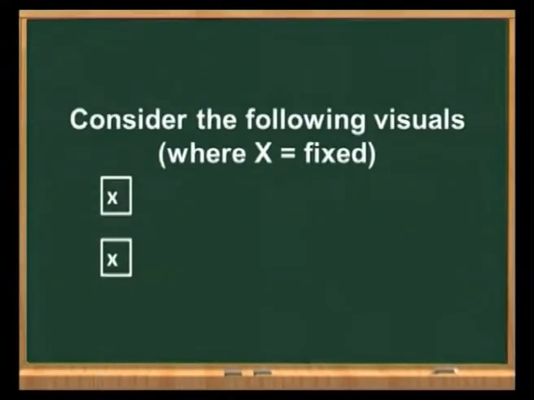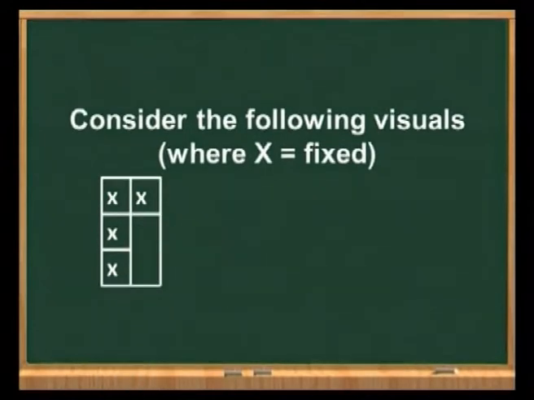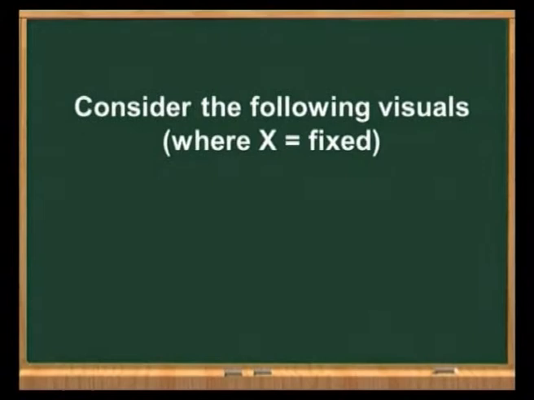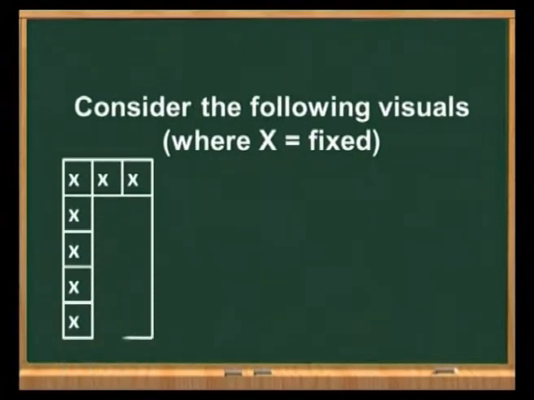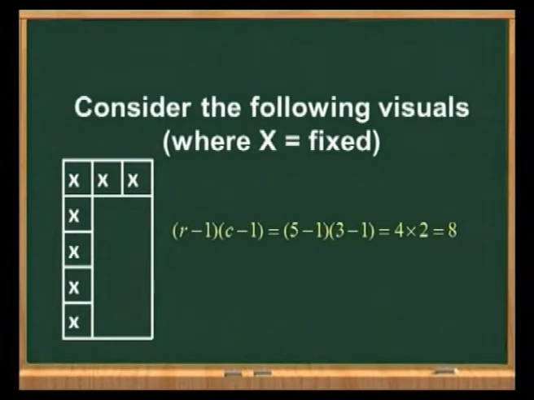Another way to conceive of a table's degrees of freedom is to think of one row and one column in the table as fixed, with the remaining cells free to vary. Consider the following visuals, where x is fixed.